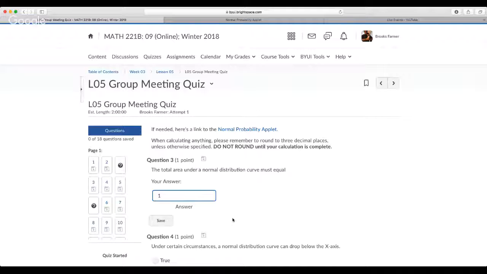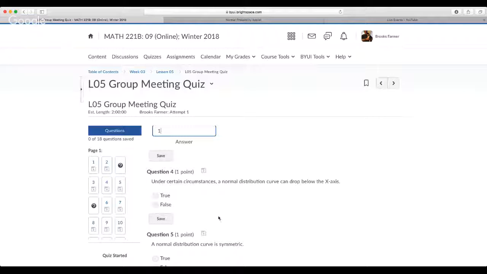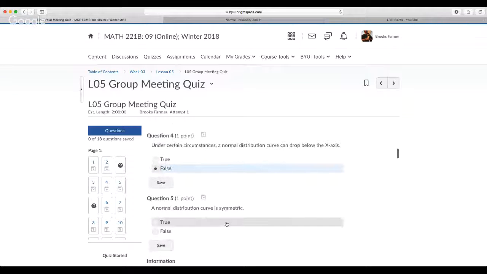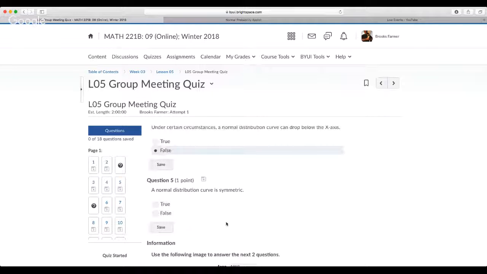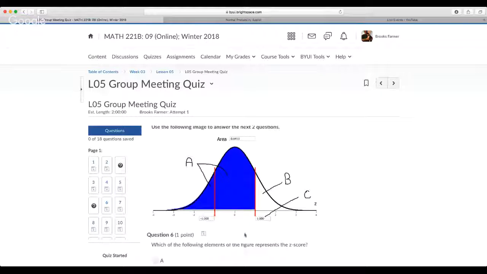You're right. I believe a normal distribution curve is not allowed to drop below the x-axis, correct? Right, that's true, because it can't be negative. So that's false. Yeah, that's what I'm thinking. Everyone on 5 then? I think that's straightforward. Should be true. Yep. All right.